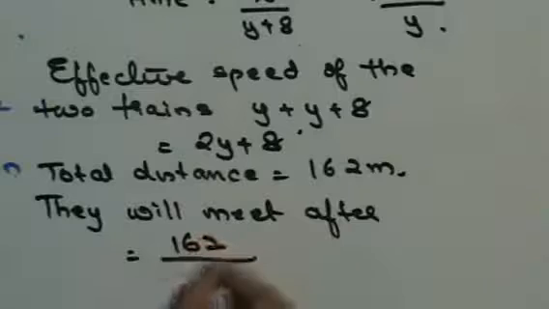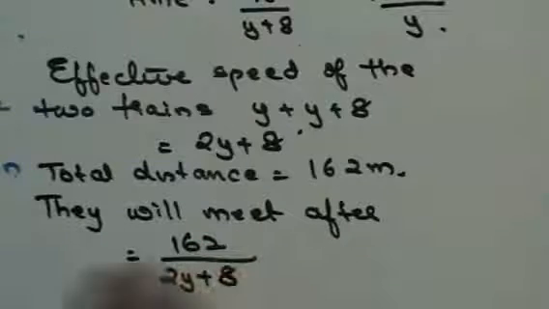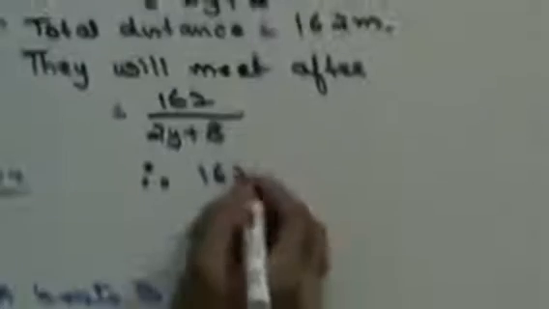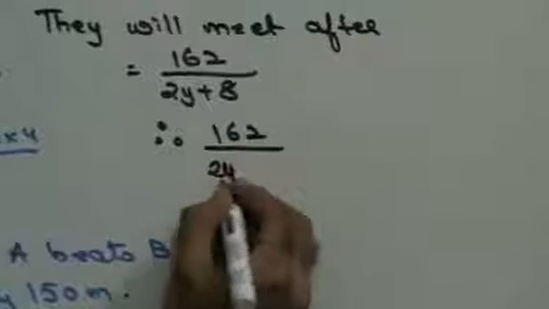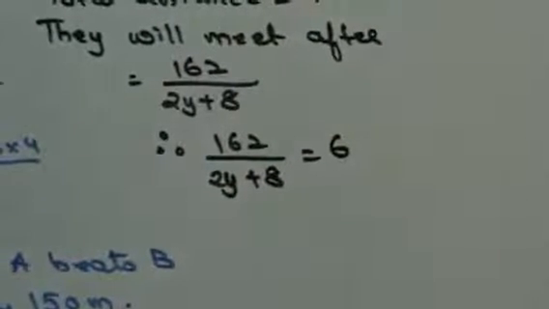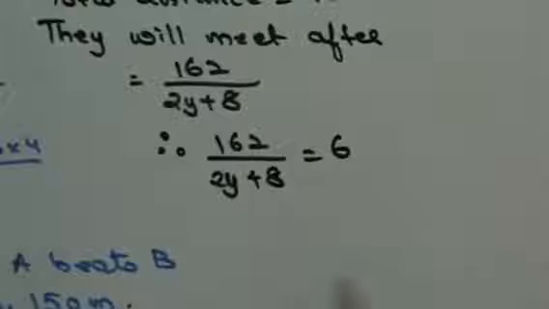Distance is 162 kilometers, speed is 2y plus 8, but they have said that they meet after 6 hours. That means 162 upon 2y plus 8 is 6 hours, right? Now simplify this equation, you should get your answer.